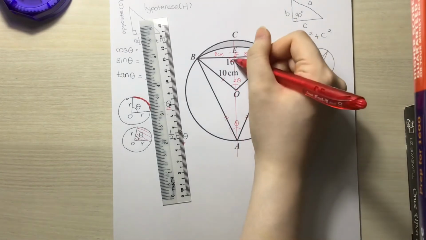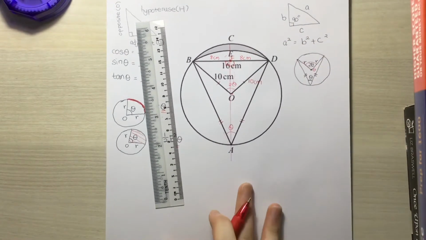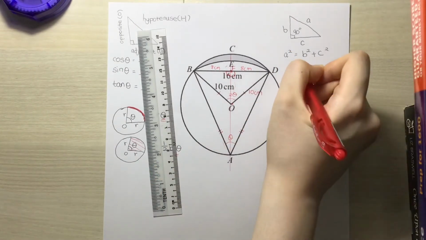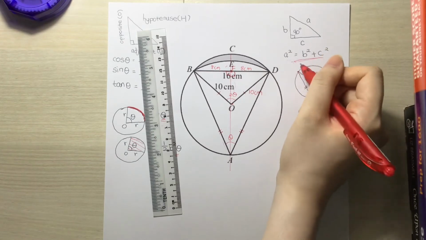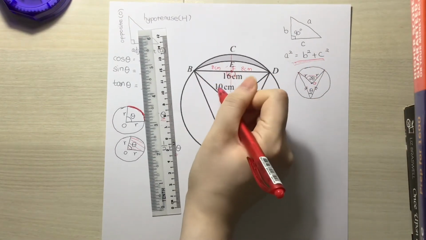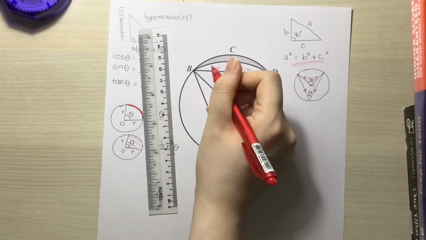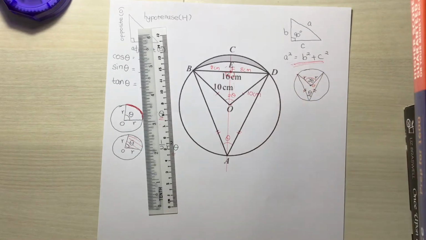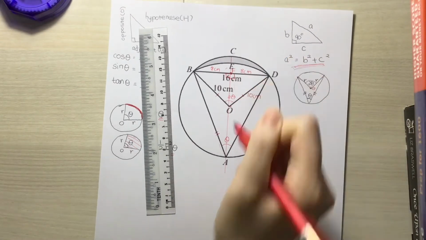So how am I supposed to find this length? It's pretty easy, because I'm going to use the easiest method, which is the Pythagoras method over here, where it's obvious to us that the hypotenuse is 10, and the other shorter side is 8, and then to find the other side, I just have to substitute in, and I'll be able to find the length over here.